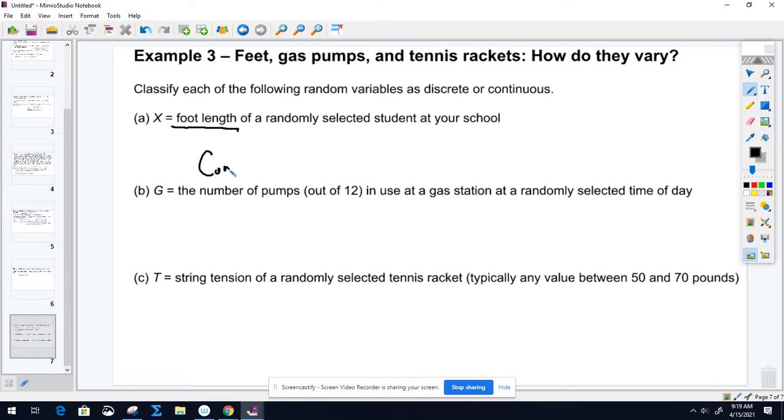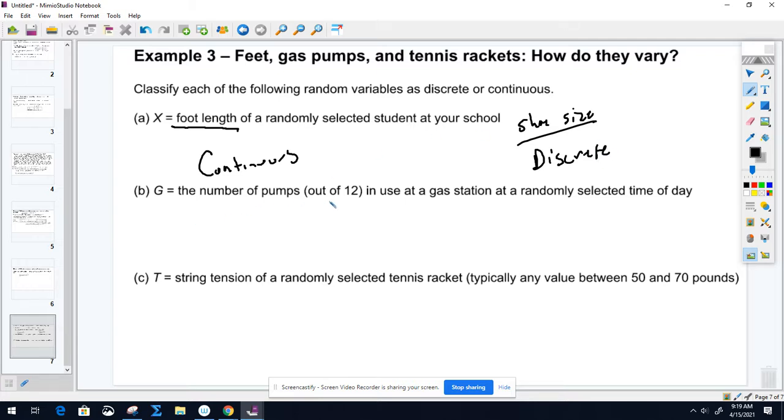So this would be a continuous random variable. Now, what if I said shoe size? Well, shoe size is either a 1, 2, 3, 4, 1.5, 2.5, 3.5, 4.5. There's no 1.25 shoe size. So if I ask for shoe size, that would be discrete.